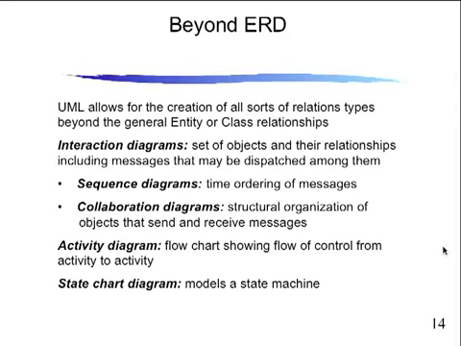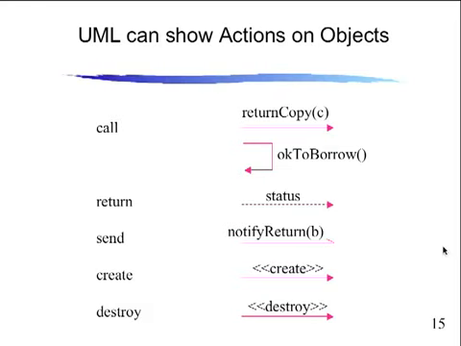In terms of the activity diagram, we're looking at the flow of control from activity to activity. And then we have the state chart diagram that models state machines. Here we can show actions on objects, and these are the same symbols that are used in all of the different types of these diagrams. So the call looks like a method call with a parameter in there.